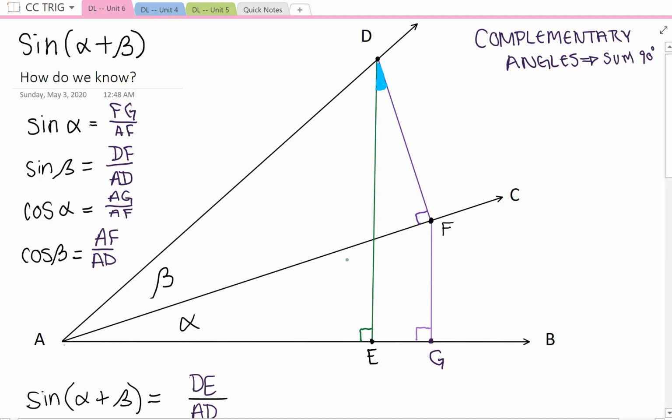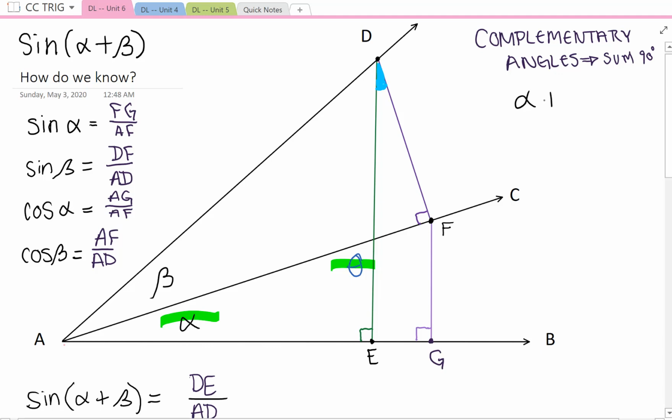So I'm going to label this as a different angle, theta. Alpha, theta, and this right angle make up the angles in this triangle. All the angles add up to 180 in a triangle, the triangle angle sum theorem, meaning these acute angles are going to add up to 90 because 90 plus 90 is 180.